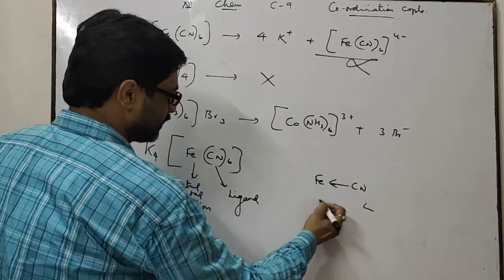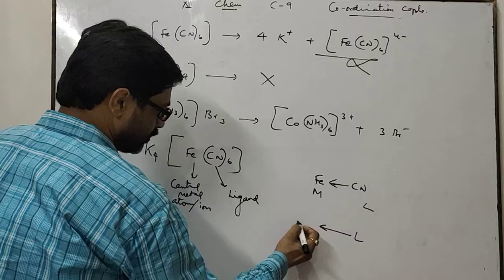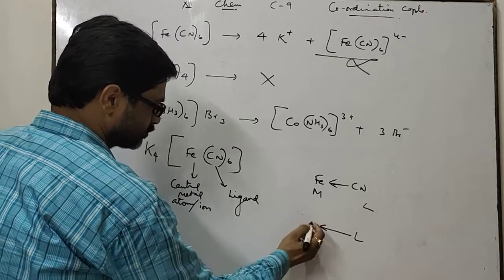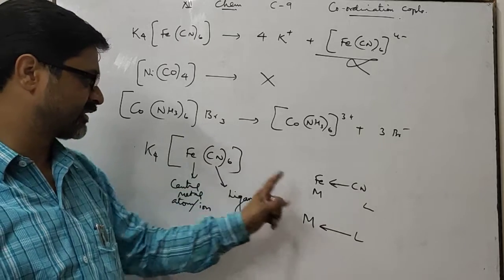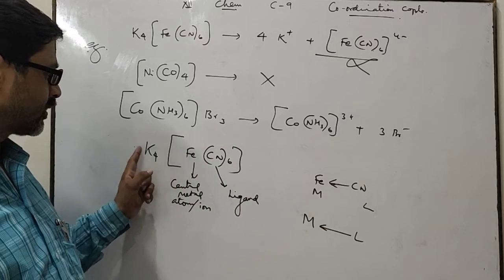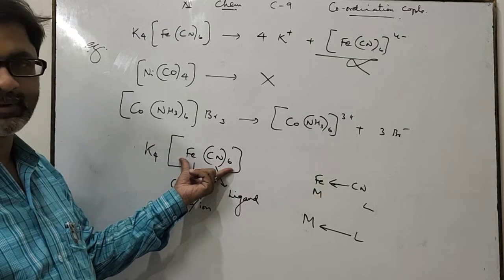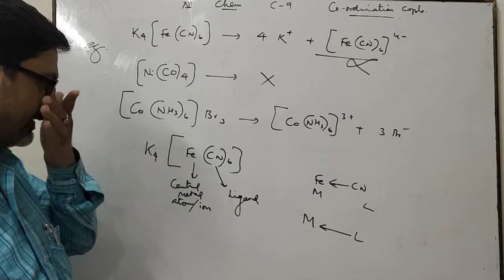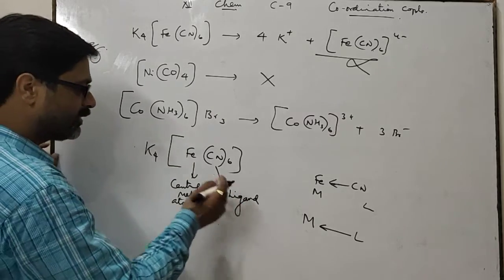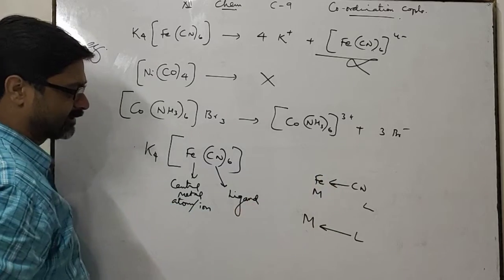This one is ligand, this one is central metal. Means ligands donate lone pairs of electrons to the central metal, and a coordinate bond is present between this and this. Here ligands form coordinate bonds with the central metal.